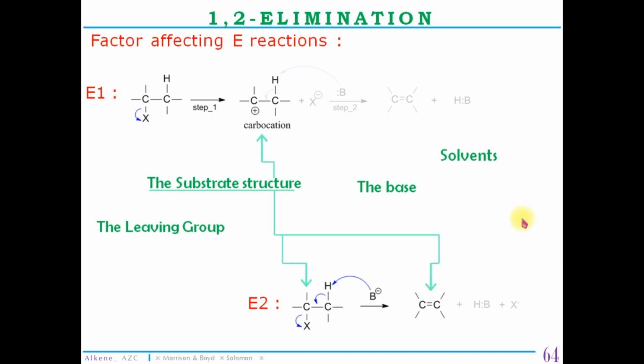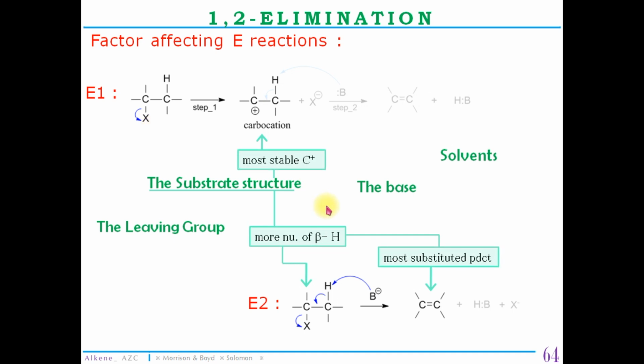We have seen substrate structure, where in the E1 mechanism a reactant which gives the most stable carbocation is preferred. A reactant prefers the E2 mechanism if it has more beta hydrogens and gives the most substituted product.